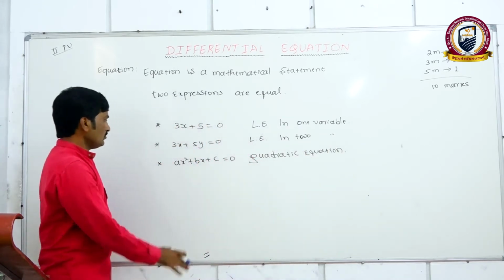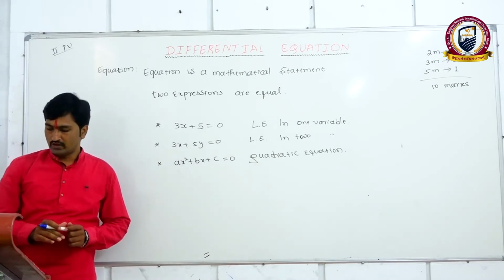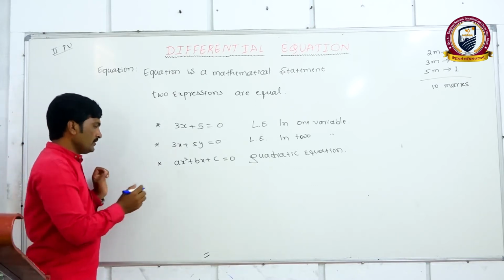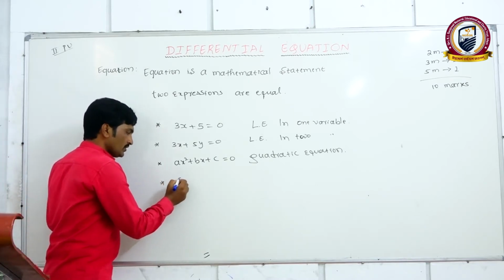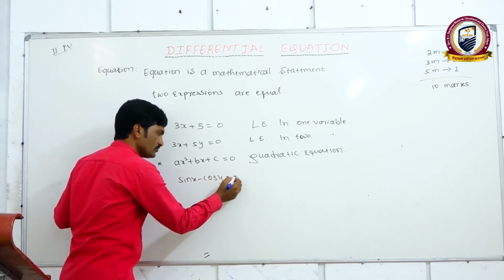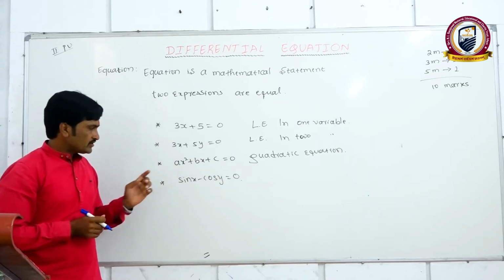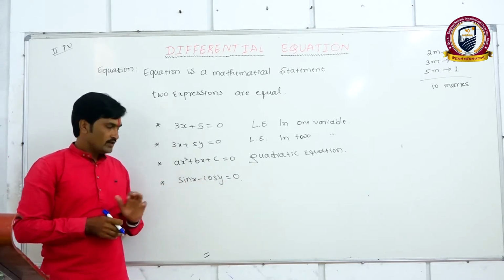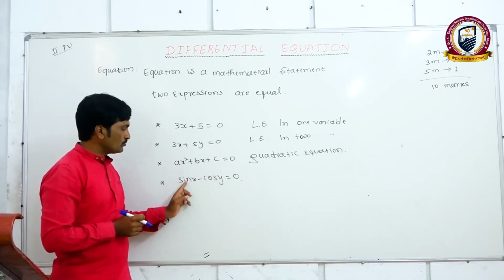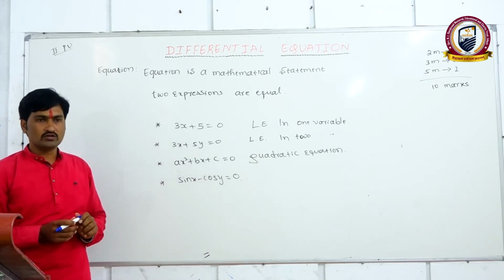So you know about these equations from previous sections. Now one more equation you have studied, that is sin x minus cos y is equal to 0. It is also an equation. Which type of equation is it? x and y are the variables. Here we have two terms, sin and cos.